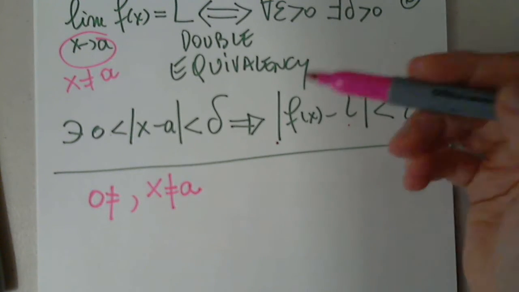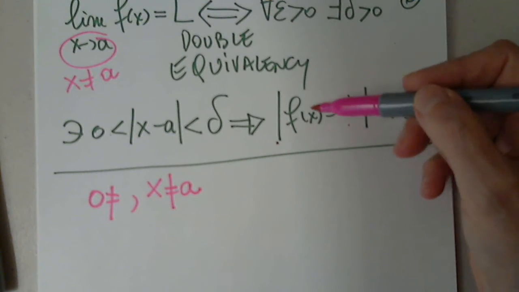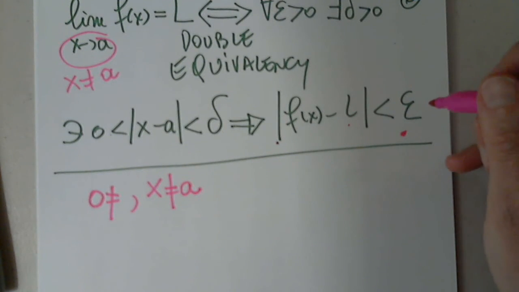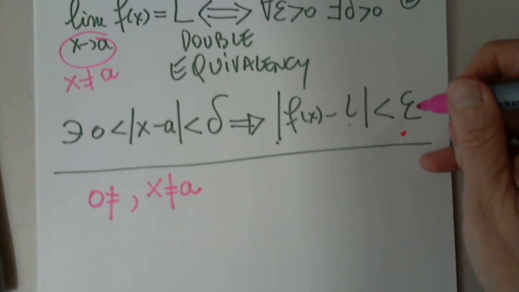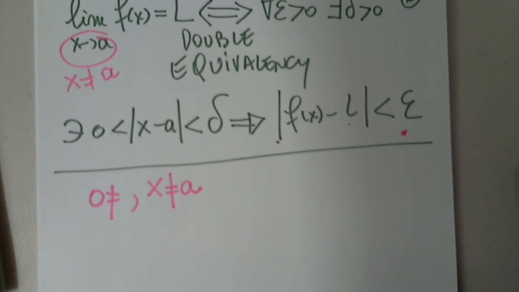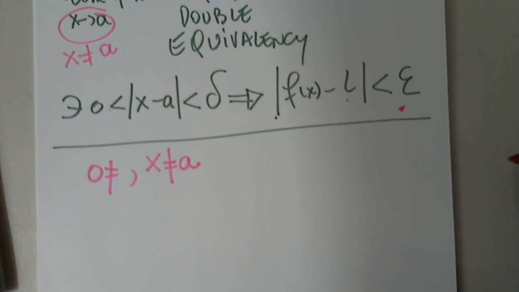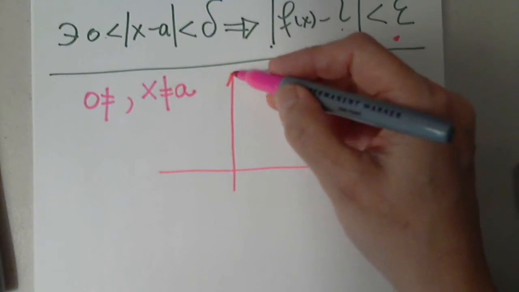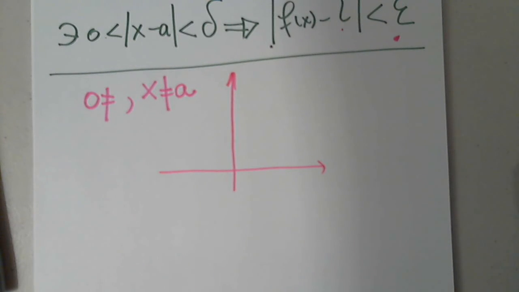In other words, this value of f of x will fall close enough to L, closer than epsilon. Why? Because the limit exists. Otherwise the process will not work.